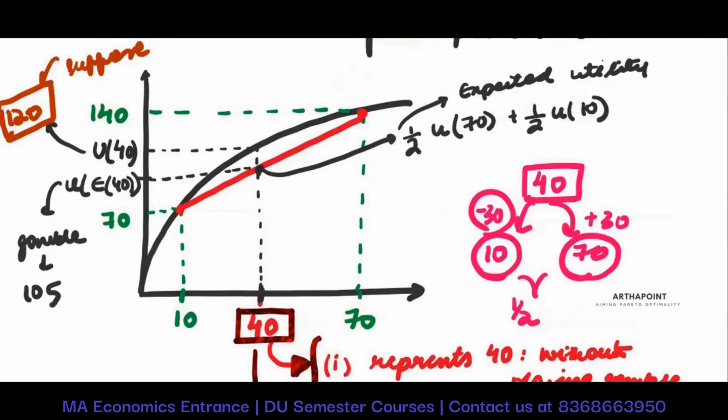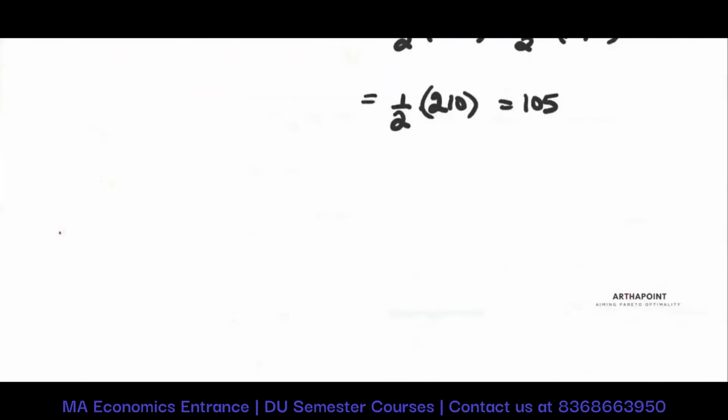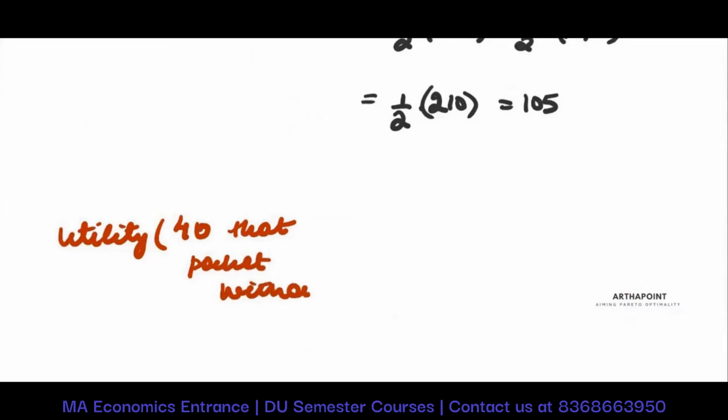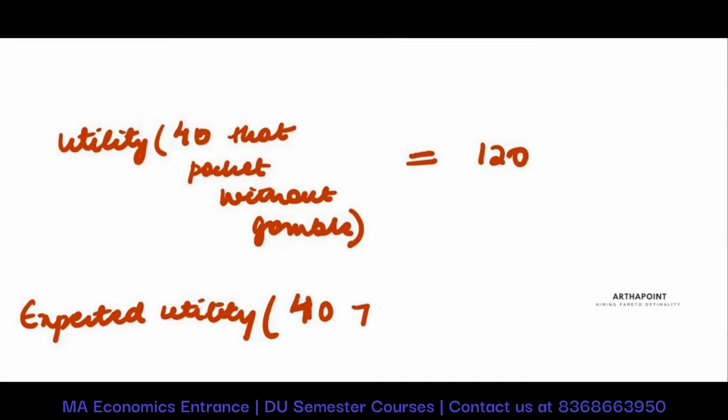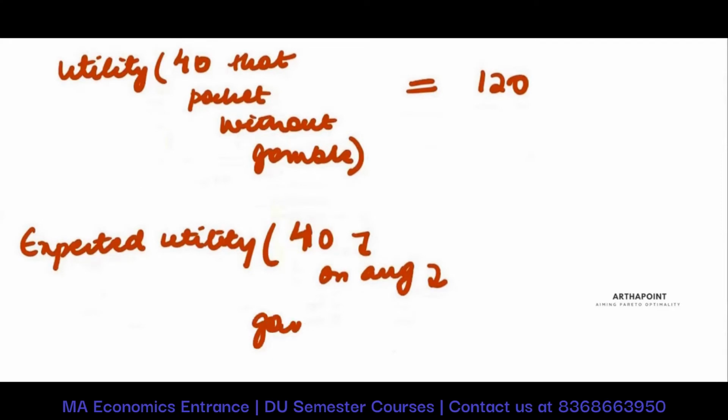So what am I saying in this case? I am saying that the utility that I get from the 40 that I have in my pocket without playing the gamble is 120, and my expected utility that I get after getting this 40 on an average by playing the gamble is 105.